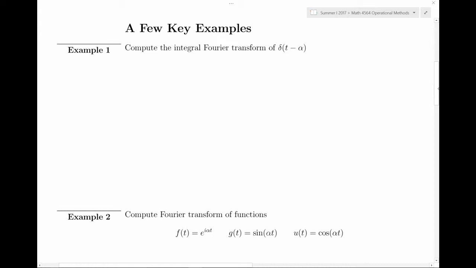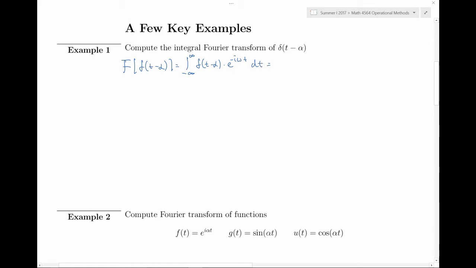What is a Fourier transform of a delta function? A delta function is, as I said, a model of an impact action on a physical system. So if I compute the integral Fourier transform of a delta function, it is by definition the integral from minus infinity to infinity of the delta function of t minus alpha times e to the minus i omega t dt.